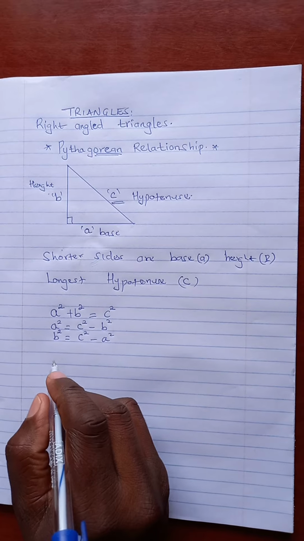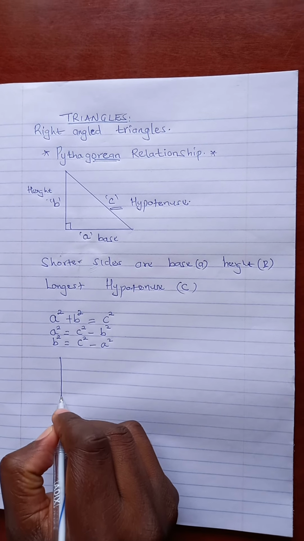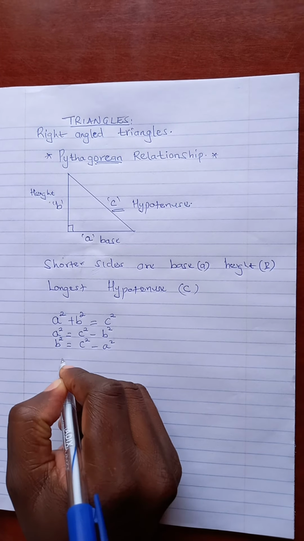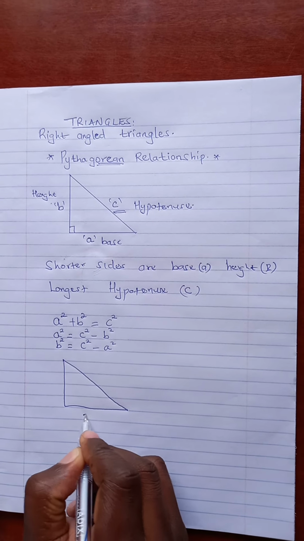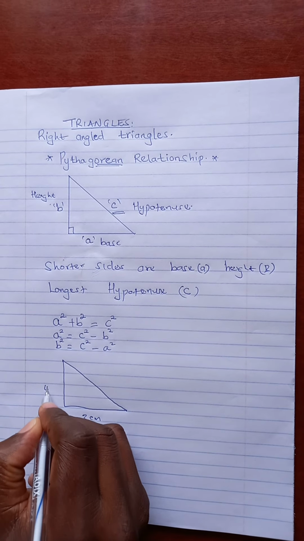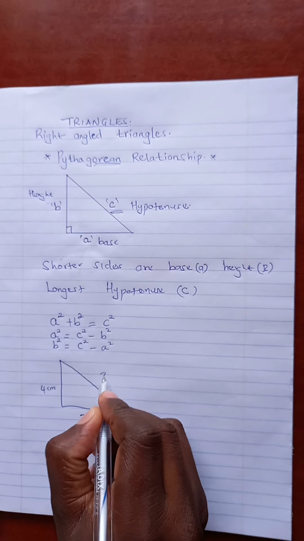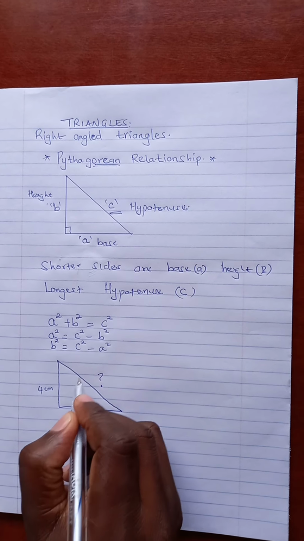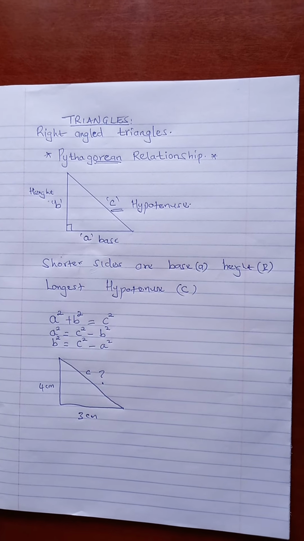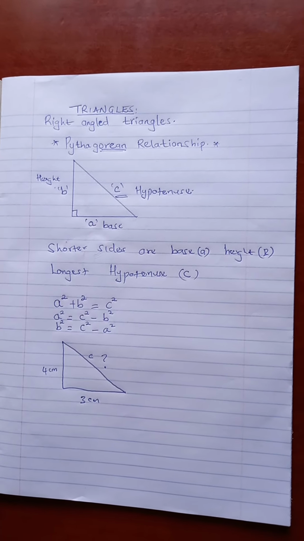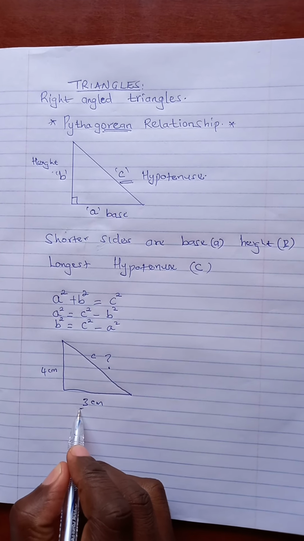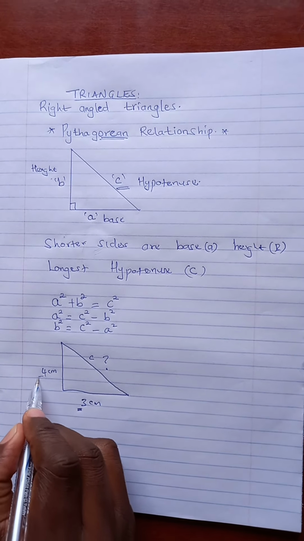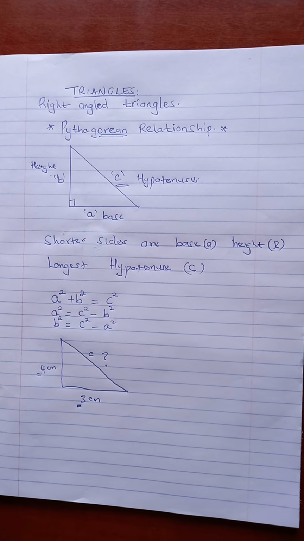For example, our first triangle that we are going to draw measures 3 centimeters by 4 centimeters. Then you are told to get the hypotenuse, which is represented by C. To get C, learners, we square the base, we square the height, and whatever we get, we square root.